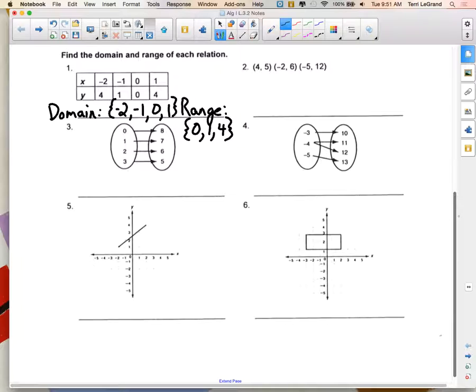Okay, you go ahead and do number 2 now, the one that was our ordered pairs example. Both domain and range with wonderful set notation, least to greatest, no repeats.